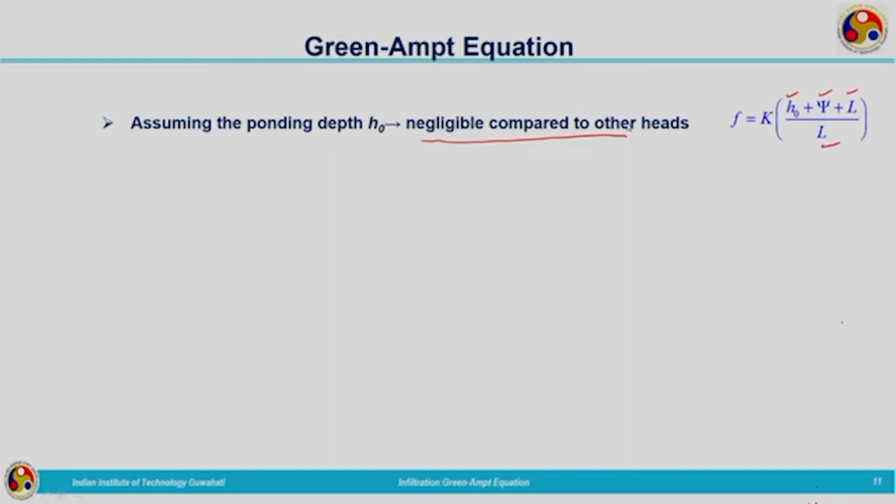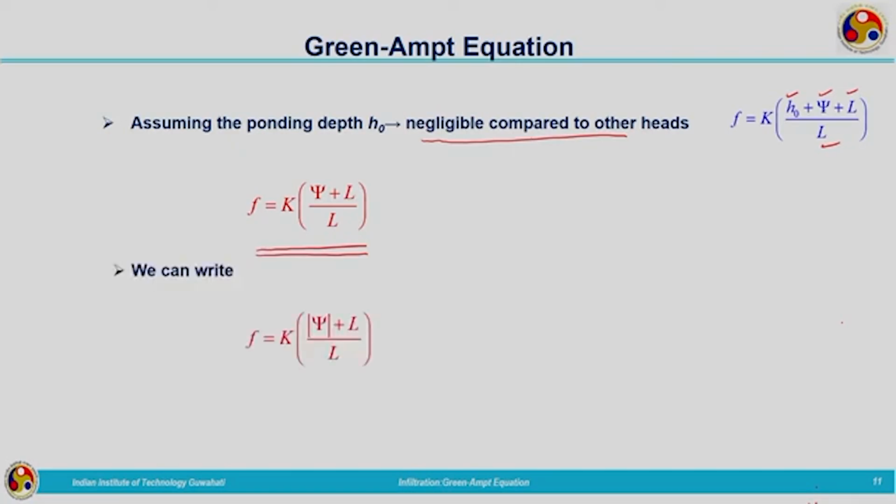While comparing with other heads, we can neglect the value corresponding to ponding depth. So, the expression for infiltration rate or the momentum equation takes the form F is equal to K multiplied by psi plus L divided by L. This is the equation corresponding to our infiltration rate, that is potential infiltration.